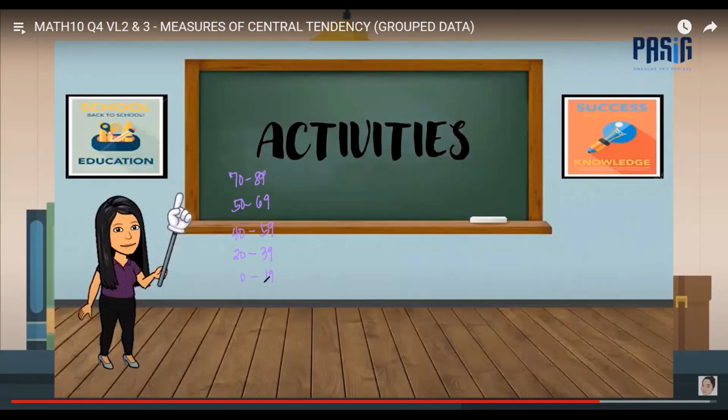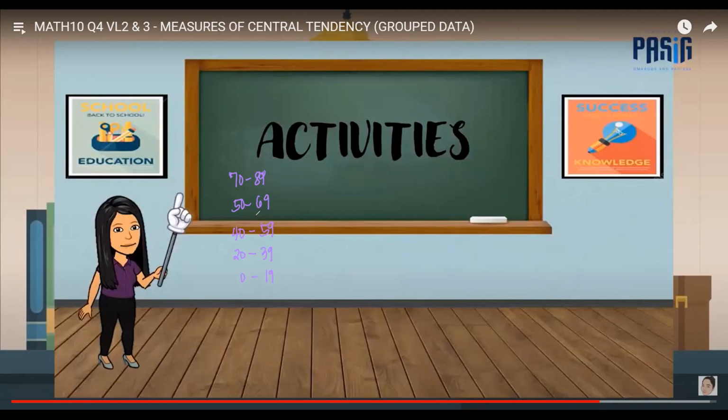Ano ba? 0 to 19. We have 20 to 39. We have 40 to 49, 50 to 69, 70 to 18. 1, 2, 3, 4, 5, 6, 7. Ay.